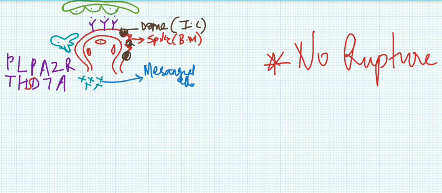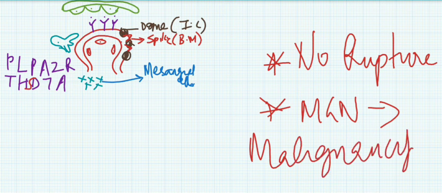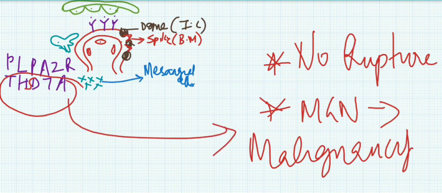Then what is another important thing to remember about membranous glomerulonephropathy? It is related to malignancy. This is the glomerular lesion which is mostly associated with malignancy, and you get increased risk of malignancy with THSD7A. Also related to THSD7A, you have to remember neonatal membranous nephropathy.